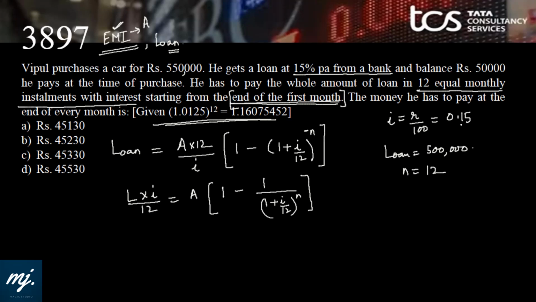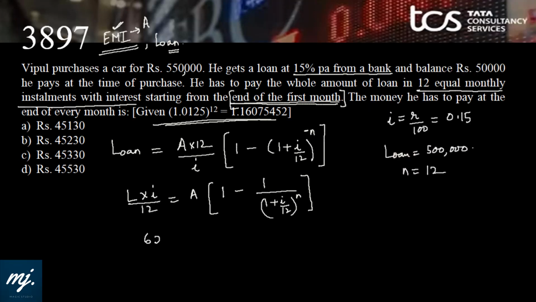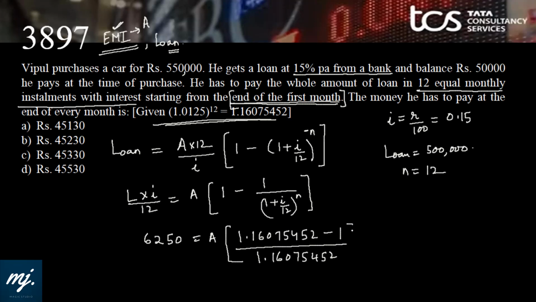So 5 lakh into 0.15 divided by 12. Let us calculate this first. 5 lakh into 0.15 divided by 12 gives 6250. So here we have 6250 equals A into 1 minus 1 divided by 1.1607545.